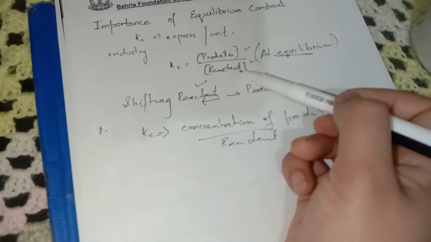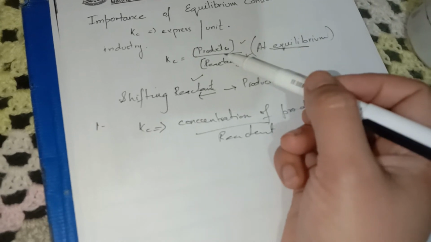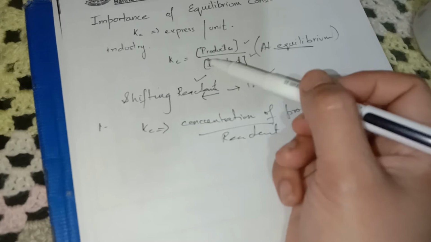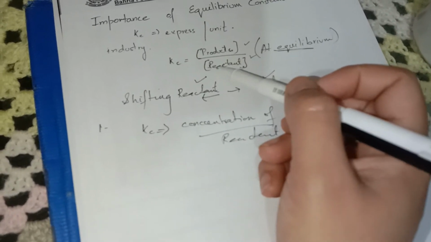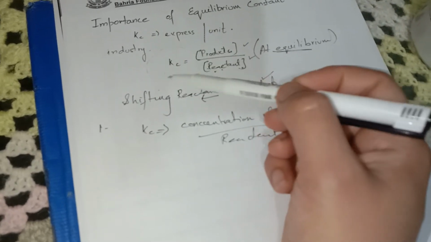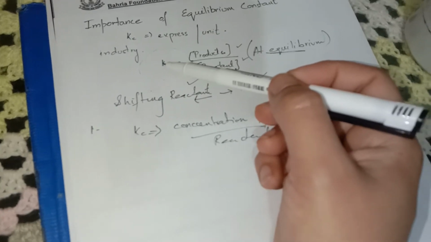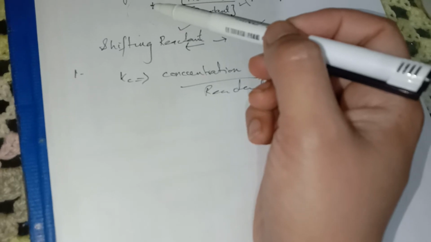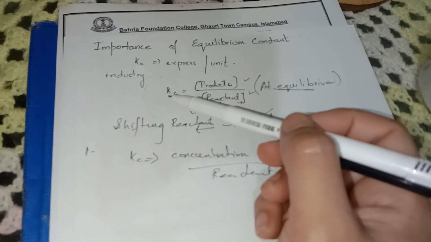If you already know how much concentration you have put into a certain chemical reaction, for example, if you are producing ammonia, how much concentration of nitrogen and hydrogen you have put in, then by putting the concentration here and the Kc value, you can find the product. Each reaction has a different Kc value, and because Kc is constant, it would not change. So for the ammonia reaction, the Kc would always be the same.